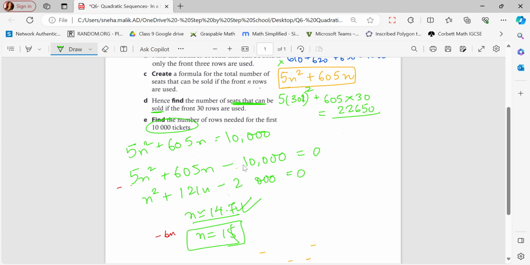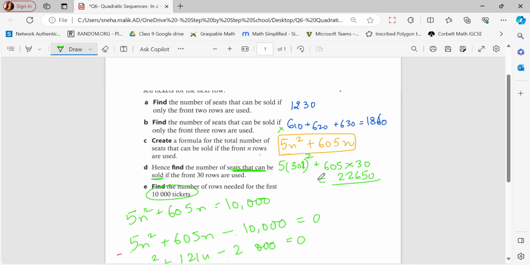If I substitute 15 in my formula, I'll get my answer as 10,200, which is near about 10,000. At 14 rows, it is less than 10,000. But for the first 10,000 tickets, I have to sell 15 rows or near about 15 rows. That solves this question.